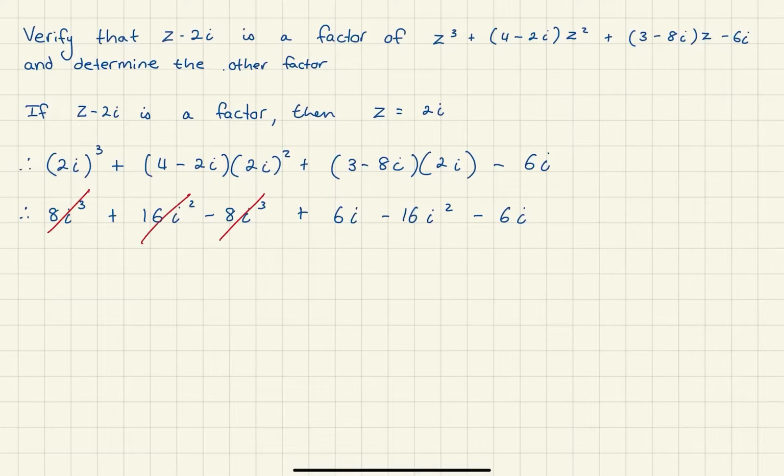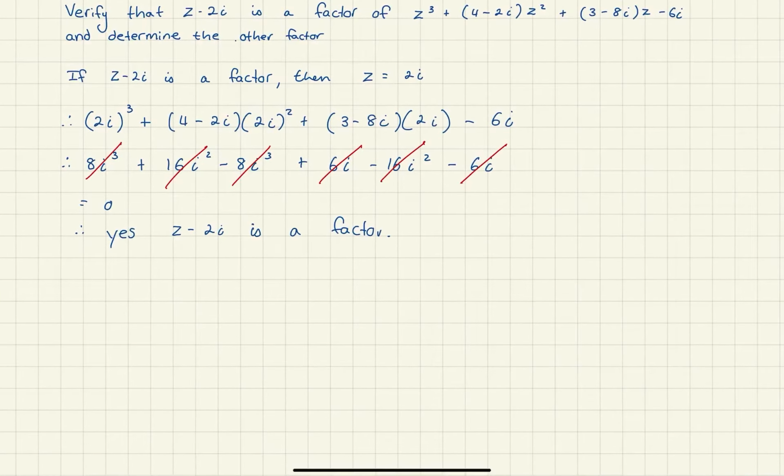We've got positive 16, negative 16, positive 6, negative 6. Yes, they all cancel out, therefore this thing equals 0. Okay, therefore yes, z take 2i is a factor. Full stop. Good stuff. So that's the first part of this problem done.